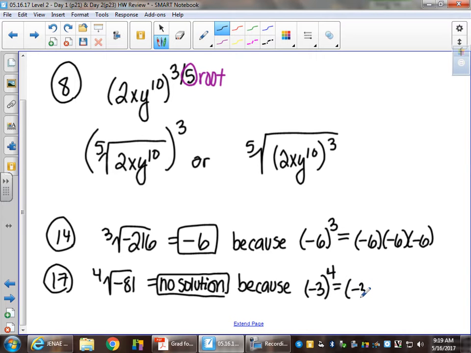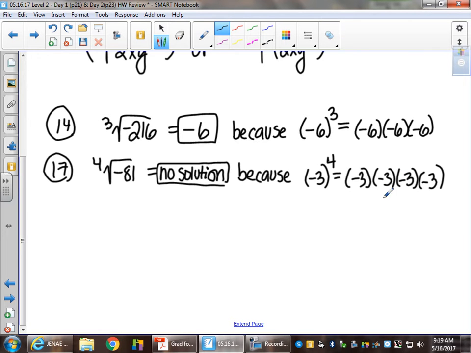That's how many negative 3's? Let's see. I'm going to write out 4 of them. What is negative 3 times negative 3? 9. And negative 3 times negative 3? What's 9 times 9? Positive. So this will never be true. We will never get a negative value from a negative raised to an even power.